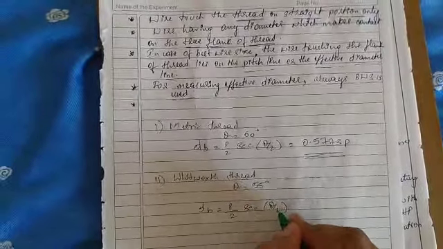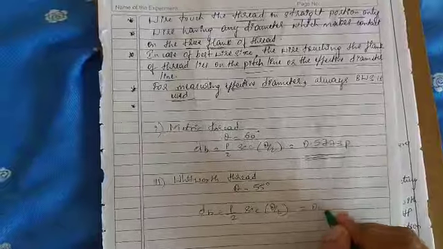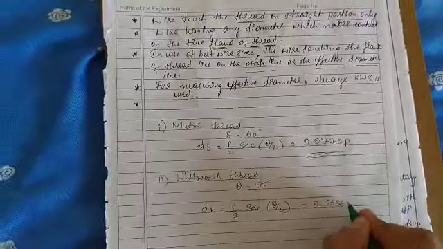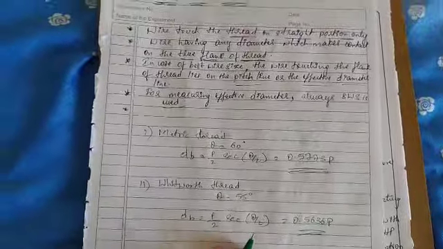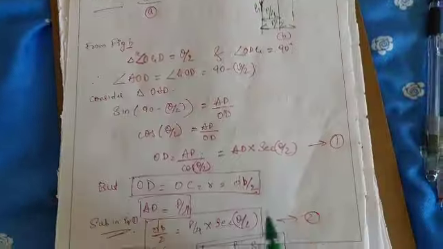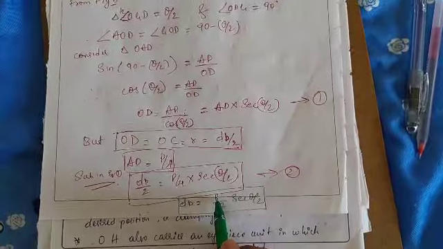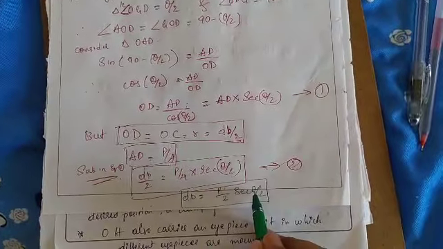Substituting theta equal to 60, you get 0.5773 P. This is for the metric thread. Another condition is for the Whitworth thread, where theta is equal to 55 degrees. Substituting in the same formula, Db is equal to P by 2 secant theta by 2, with theta equal to 55, you get 0.5636 P. This is the method of finding the best wire diameter with respect to pitch and the thread angle theta.